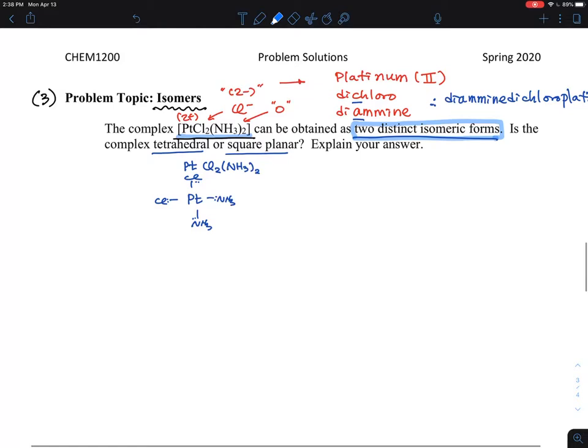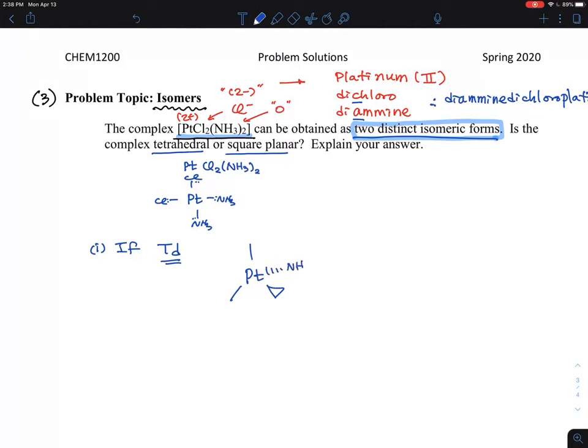So what you can do is, okay, so first, if tetrahedral, that means you can put platinum in the center. You can put things like this, NH3, and the Cl minus and Cl minus. That's a 2+. That's what's going on inside.